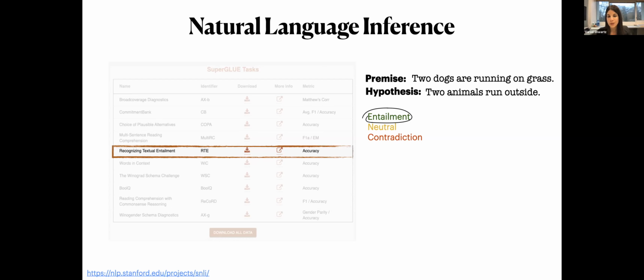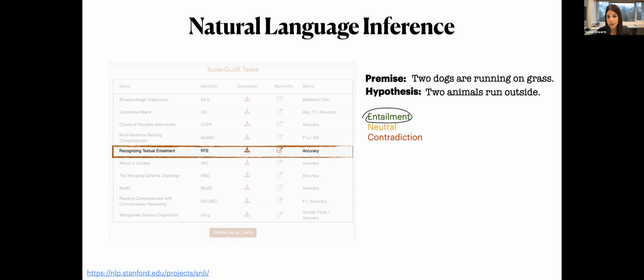This is not as strict a definition as for entailment in logic or in linguistics. There's a little bit of hedging in the definition. It's whether a person reading the premise can likely infer that the hypothesis is true, or something like that. There's some double hedging there. But that's the task definition.